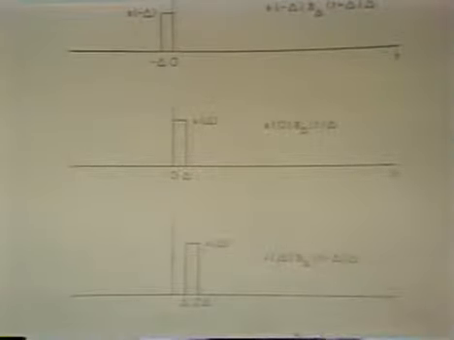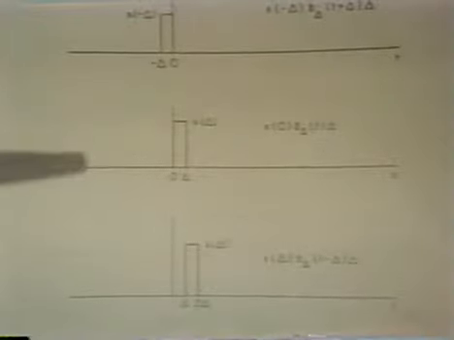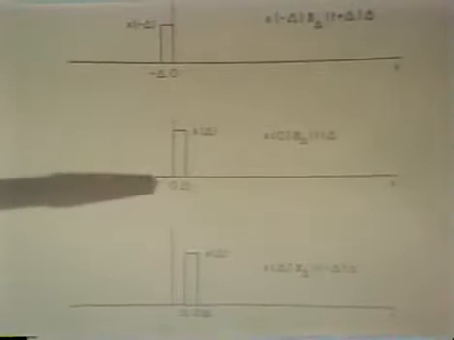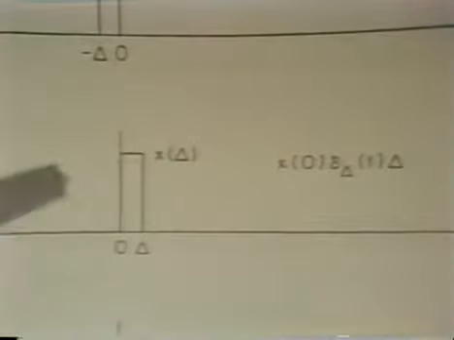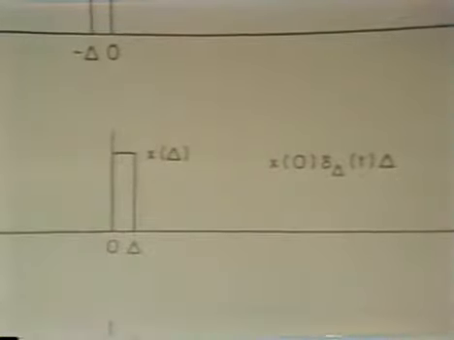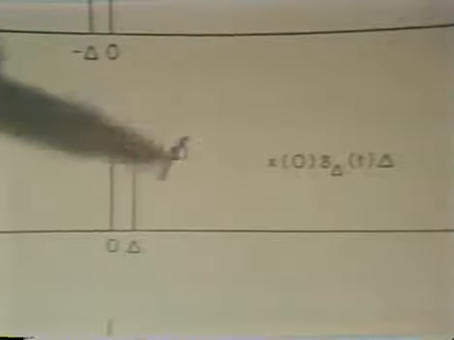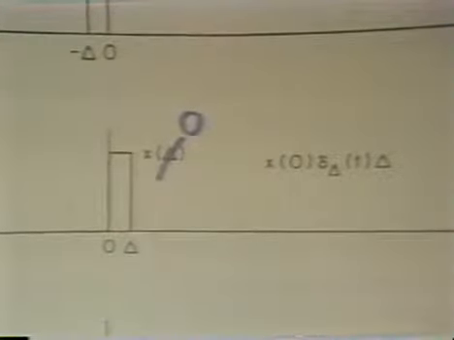Now let's look specifically at the rectangle, for example, starting at 0 and ending at delta. And the amplitude of it is x of delta. Actually, this should be x of 0. And so let me just correct that here. That's x of 0.